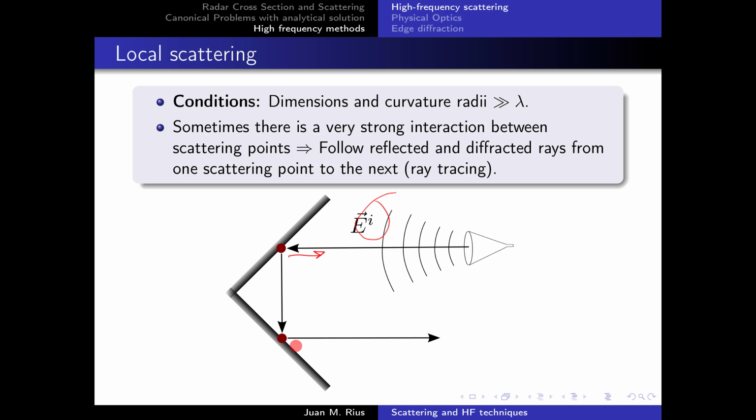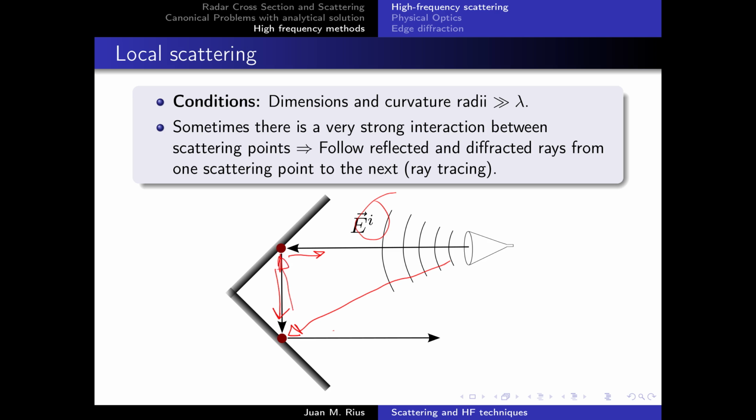So in this case, clearly, the second point has incident field coming from the feeder, but also incident field coming from the other point. And the same happens for the first point, because of course we have also a reflection in this way.